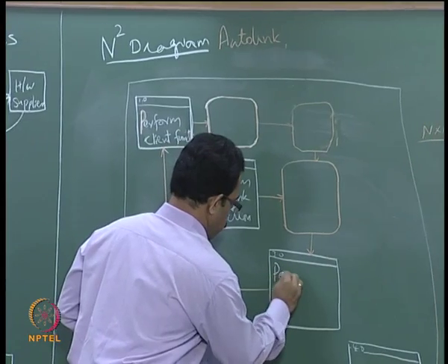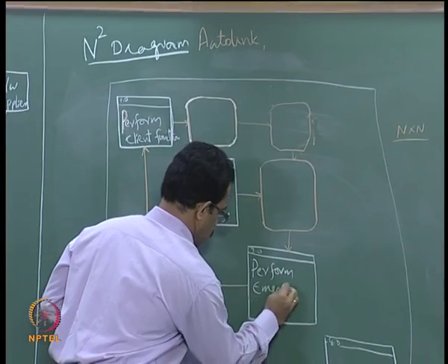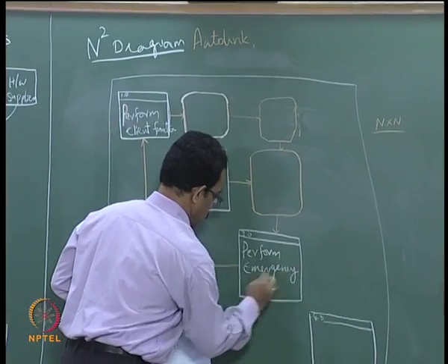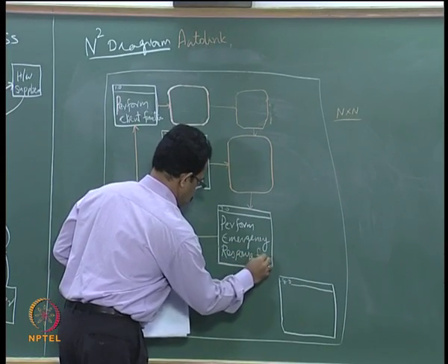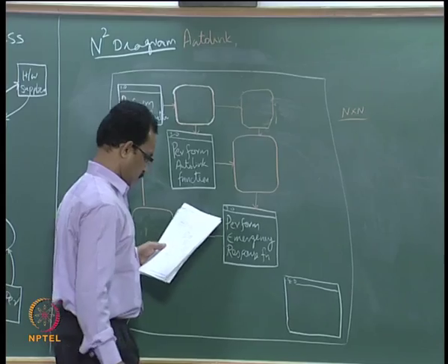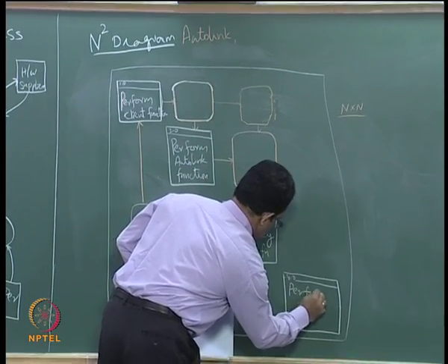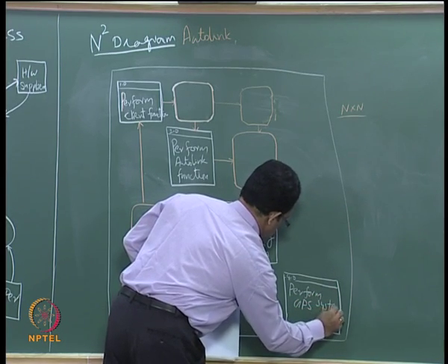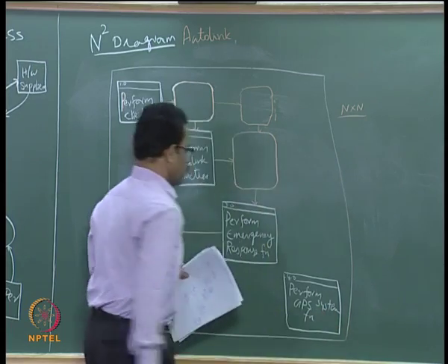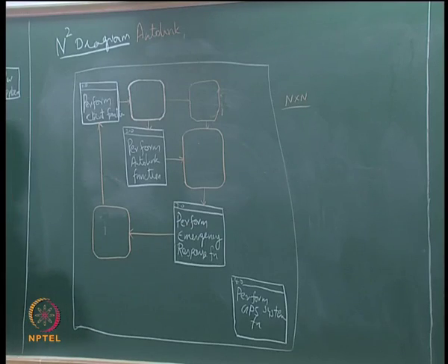Perform emergency response function, then perform GPS function, GPS system function. We can consider these are the four main functions to be performed by the auto link system.